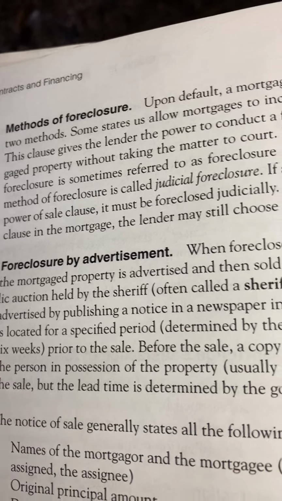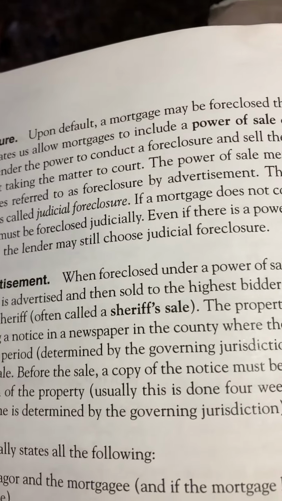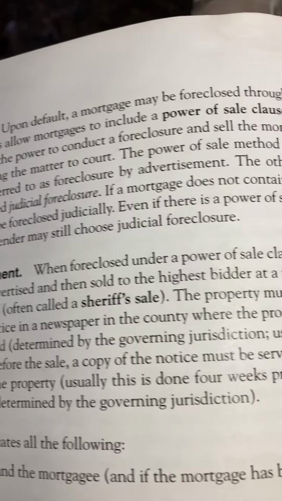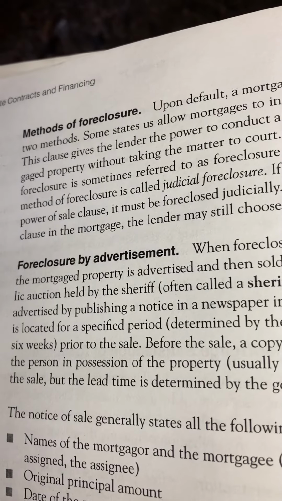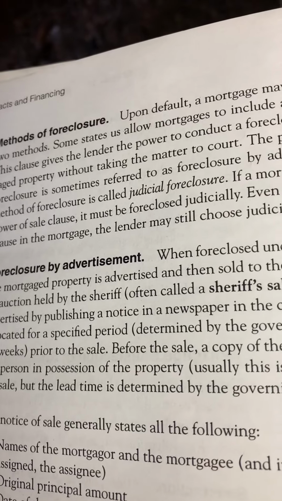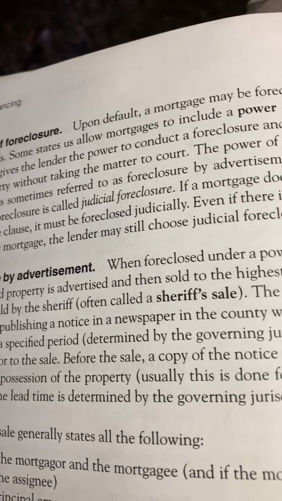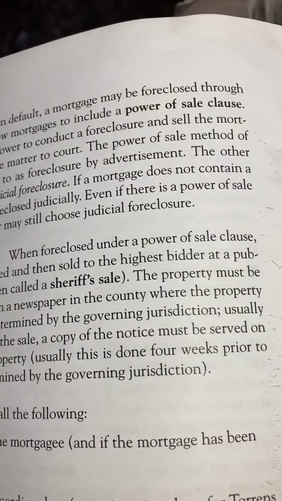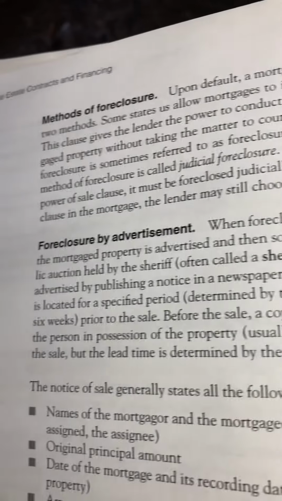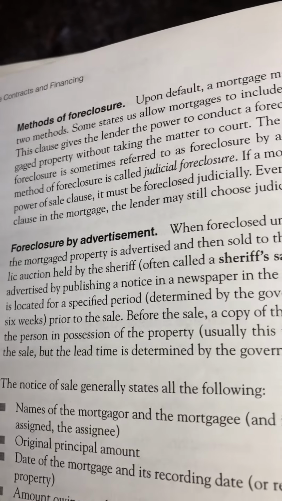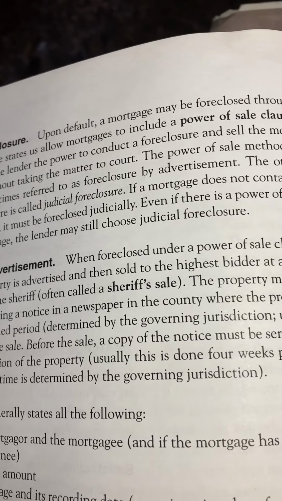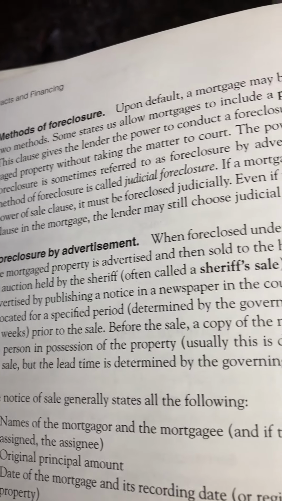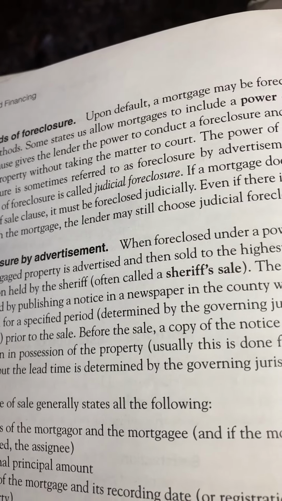This clause gives the lender the power to conduct a foreclosure and sell the mortgaged property without taking the matter to court. The power of sale method of foreclosure is sometimes referred to as foreclosure by advertisement. The other method of foreclosure is called judicial foreclosure.